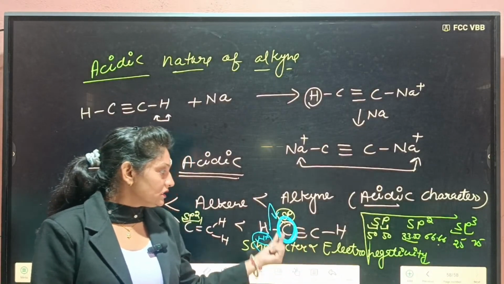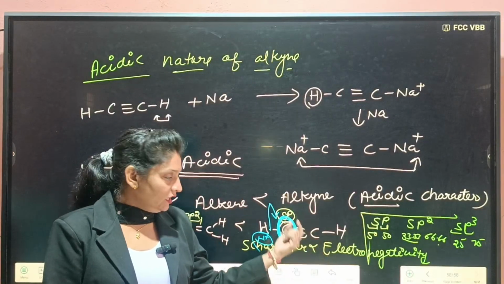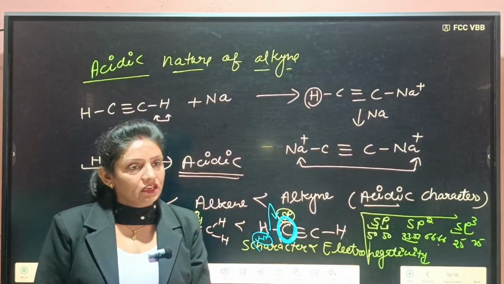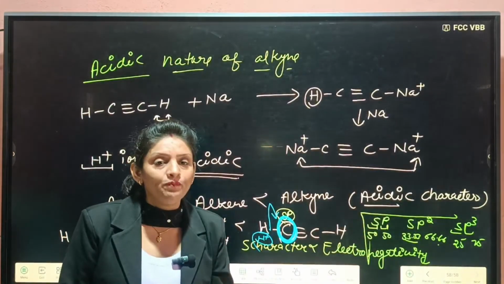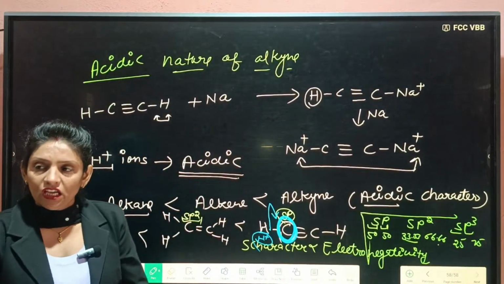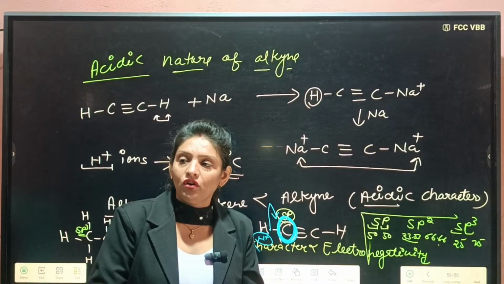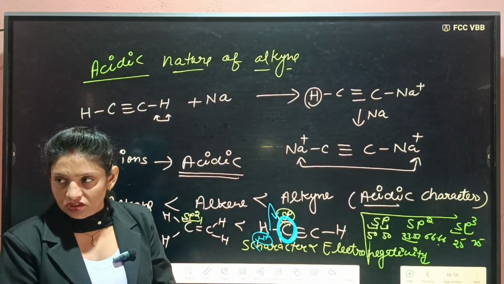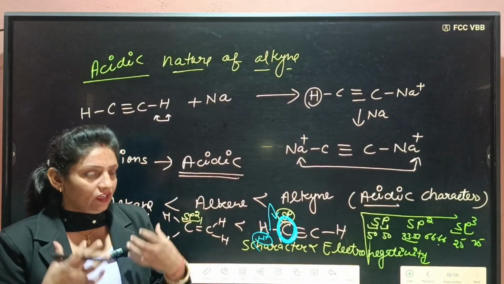Because in alkynes, carbon is sp hybridized with 50% S character, and S character is directly proportional to electronegativity. If S character increases, then electronegativity also increases, means the tendency to attract electrons towards itself increases.